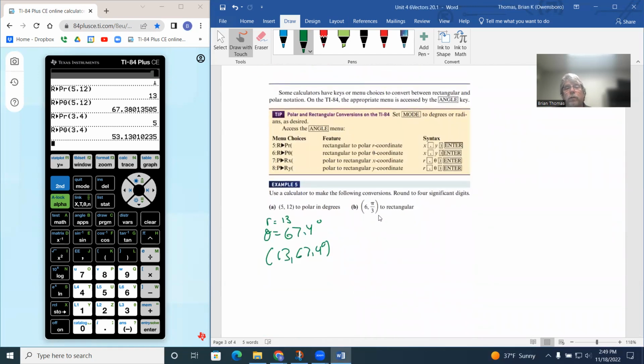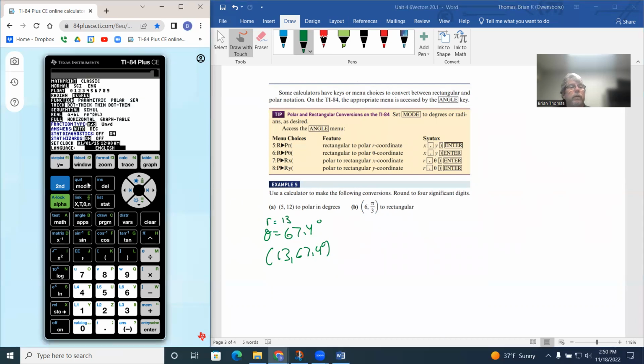So if I want to do polar to rectangular, that's going to be this 7 and 8, polar to rectangular. Notice how now we put the r and theta into this. Notice how this is in radian measure, so we need to change our mode to radian measure. So if we come in here and get the radian measure, and then quit.